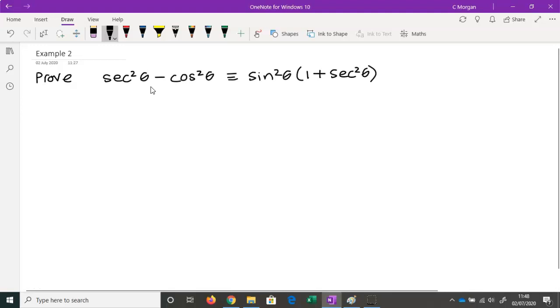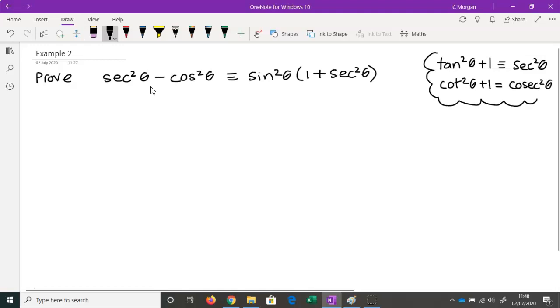And what I always start by doing is just writing down my identities to the right, so I don't forget what I've actually got at my disposal. And I've got cot squared theta add 1 is cosec squared theta. Okay, so I'm just going to put that in a little bubble.